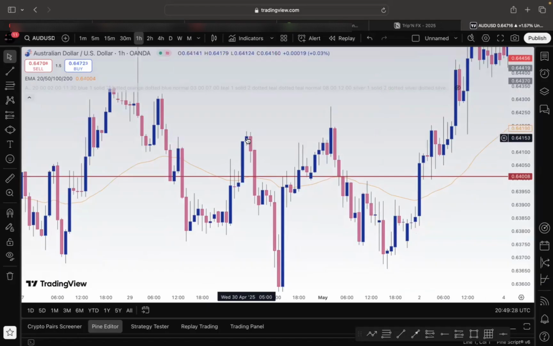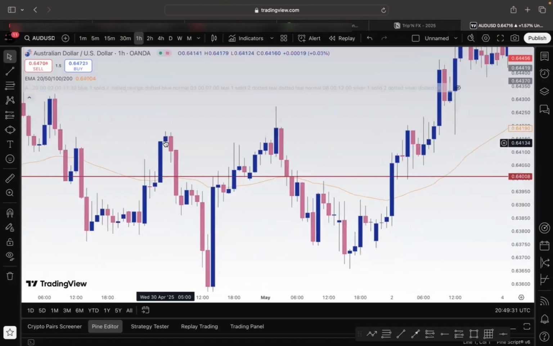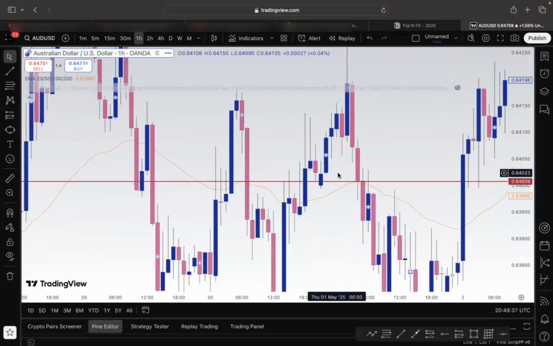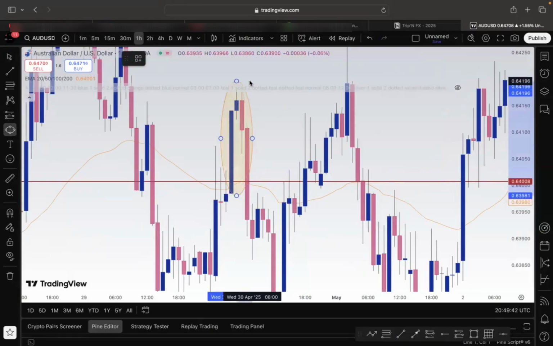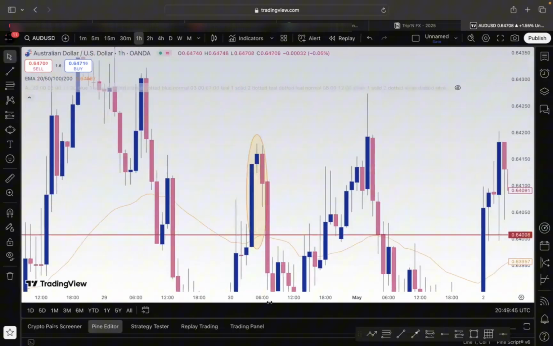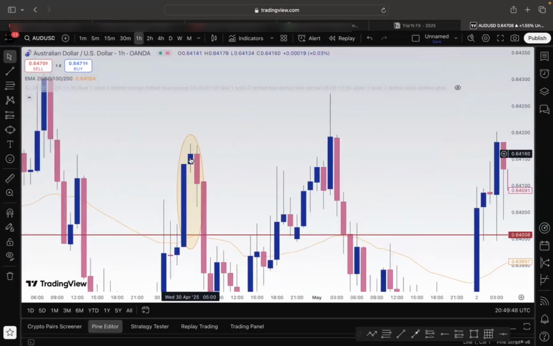And then here the body is relatively small, and it looks like there's equal space at the top, for the upper shadow. So when I say upper shadow, we're talking about this part of the candle here, and this is the lower shadow. It's like there's equal space at the upper shadow and at the lower shadow, right?